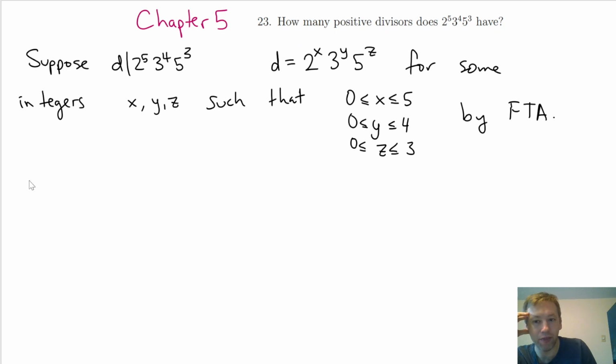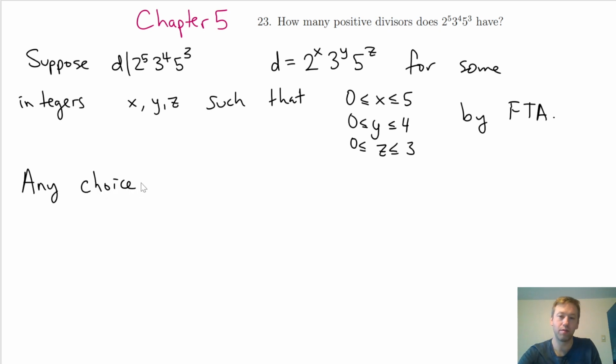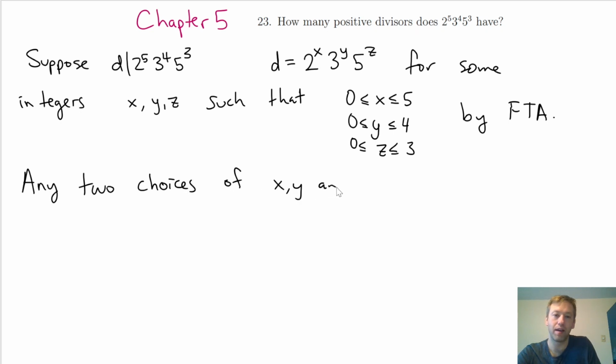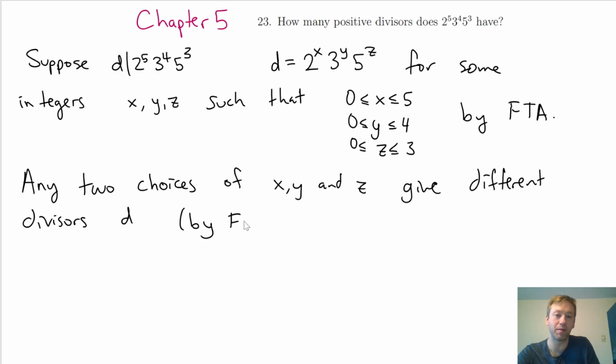I should also point out that any two choices of x, y, and z give different divisors D, again by the fundamental theorem of arithmetic.